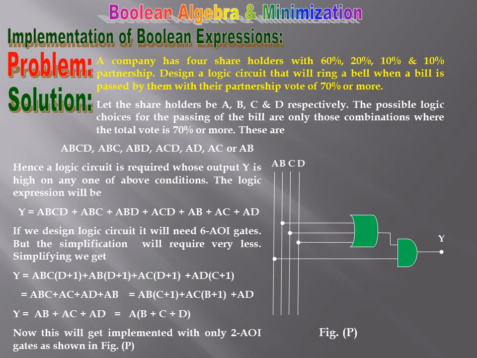The 4 shareholders will have the key buttons A, B, C, D according to their vote, and whenever they press with 70% or more vote, a bit will be generated at Y which can ring a bell.